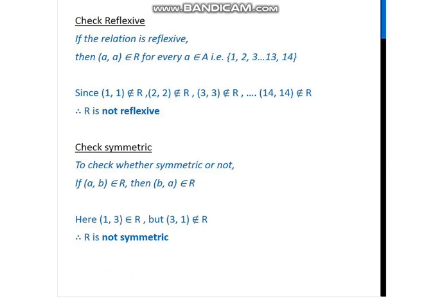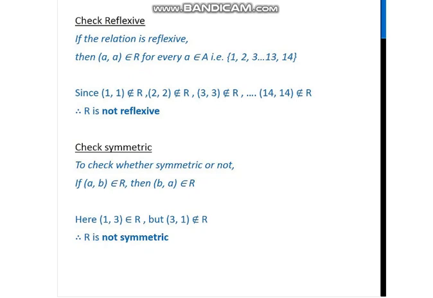But here (1, 1) does not belong to R, (2, 2) does not belong to R and so on, (14, 14) does not belong to R. If suppose out of these 14 ordered pairs, only one ordered pair does not belong to R, then also we can say that R is not reflexive.